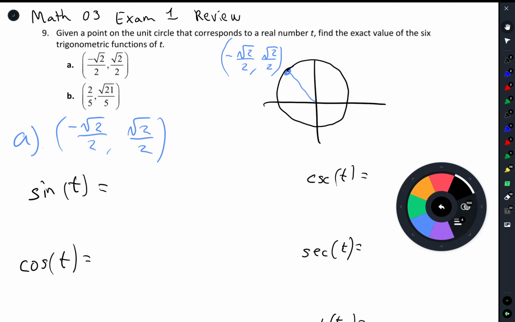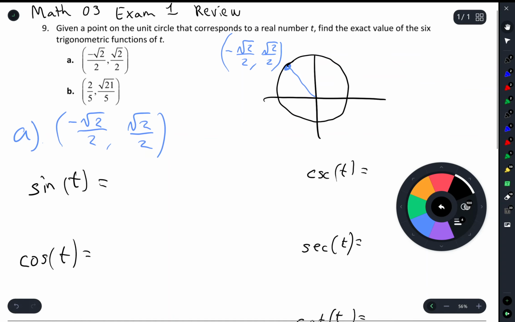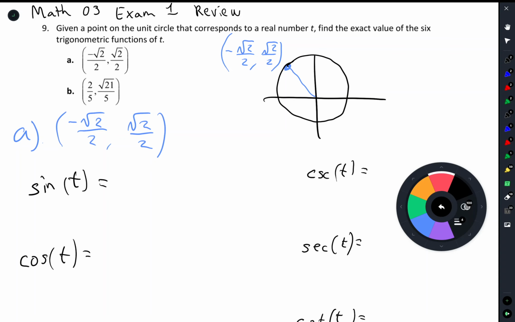But just to be clear about what the difference is between theta and t, when we're talking about a point, let's say for example negative root 2 over 2 comma root 2 over 2 on a unit circle, there's an angle associated with it, which of course is theta. Now, in addition to that angle, there's also an arc, or an arc length, essentially.